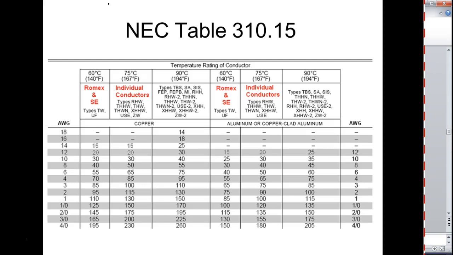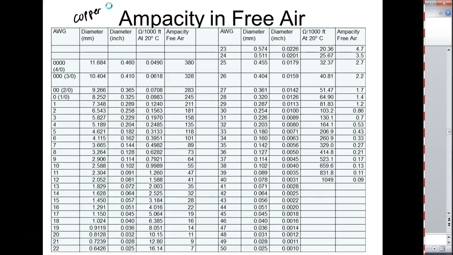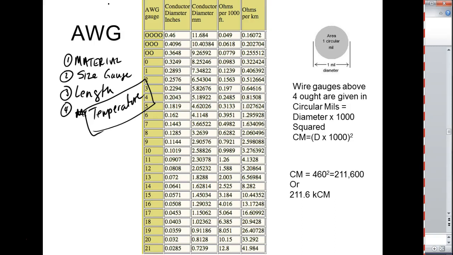Now, what the NEC does is rate it according to temperature and, of course, according to what type of insulation you use. So if I was going to run a 15 amp service in a house, instead of using 14 gauge wire, I'd use 12 gauge wire if I use aluminum. But we don't use aluminum anymore.